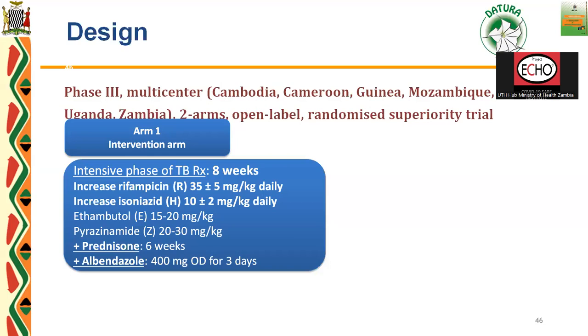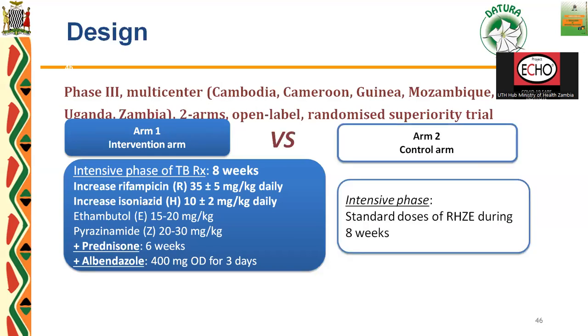And those are the doses in the intensive phase. So rifampicin we are giving, we are not saying you do this outside a trial. We are giving, instead of 10 milligrams per kg body weight, 35. Isoniazid is 5, we are giving 10 milligrams per kg body weight.